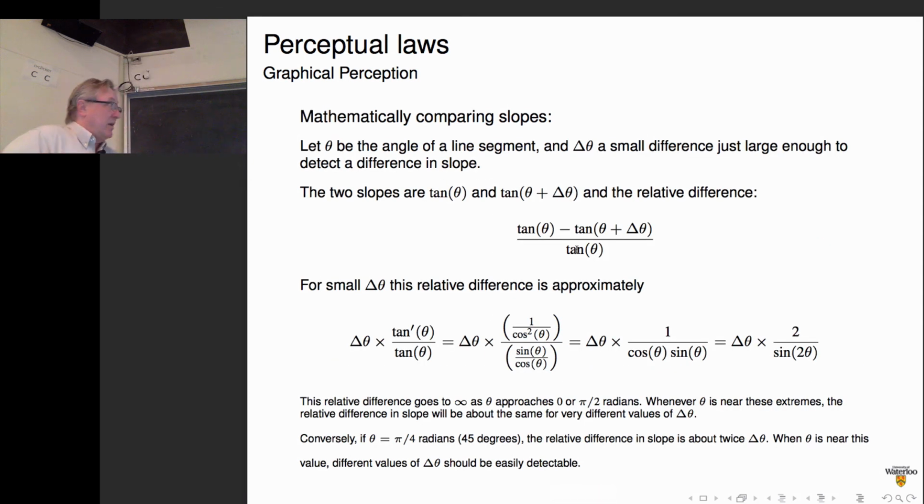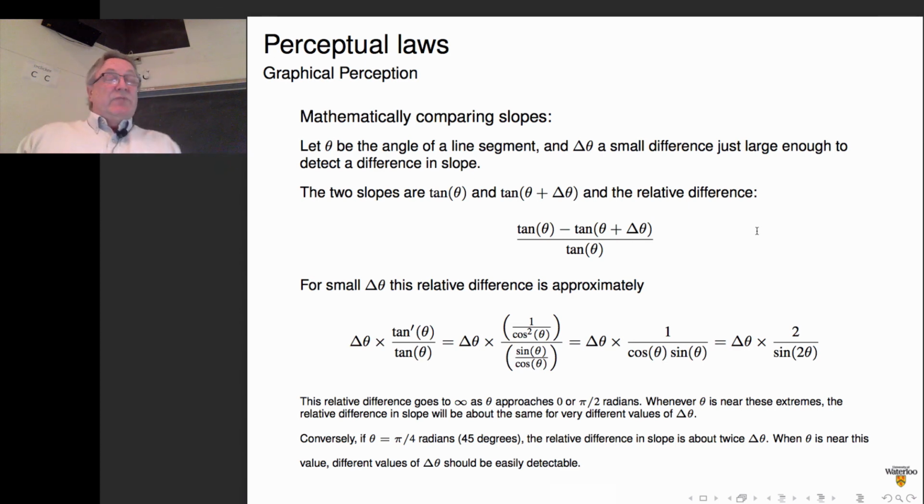And you can actually get some sort of mathematical justification for that if you think about the angle of a line segment and changing that line segment by a small amount delta theta. So the two slopes that you have of those two angles are going to be tan theta and tan of theta plus delta theta.